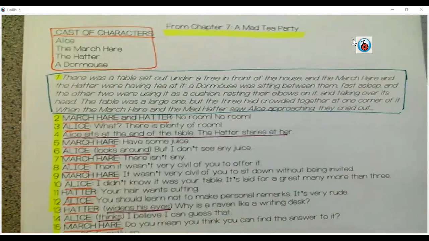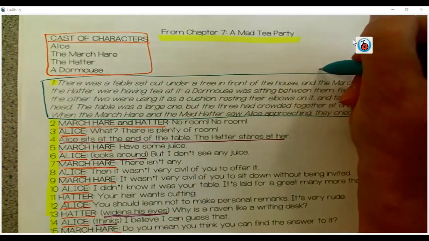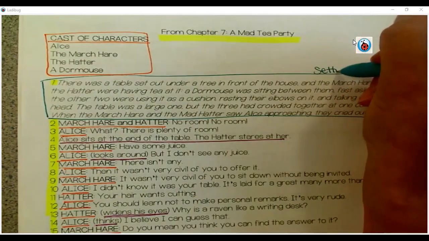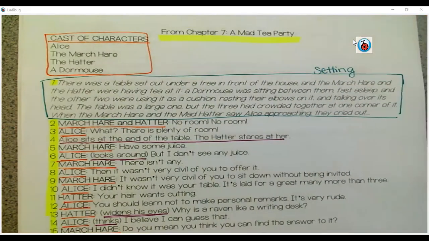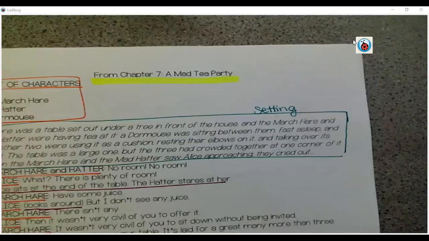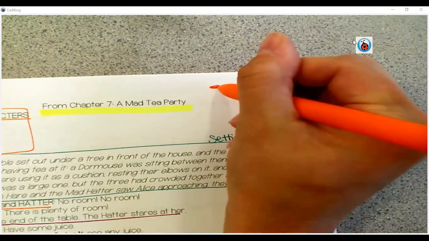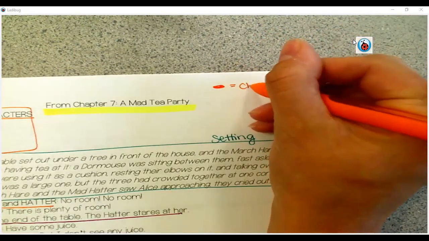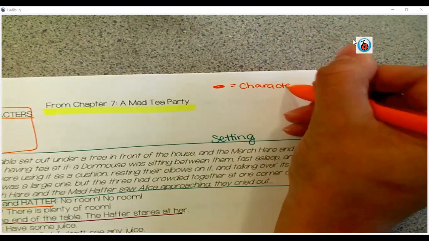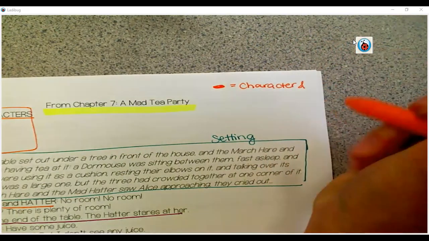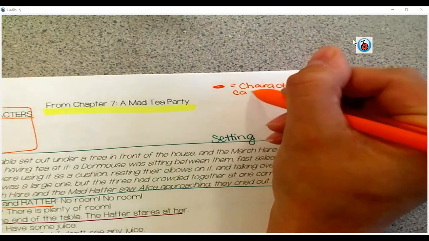And I'm going to write setting. All right, so I'm going to make a little key up here for myself. So orange is my characters, and cast of characters.